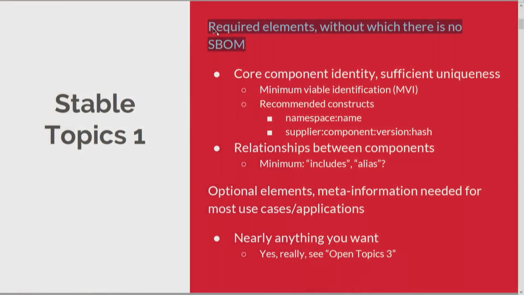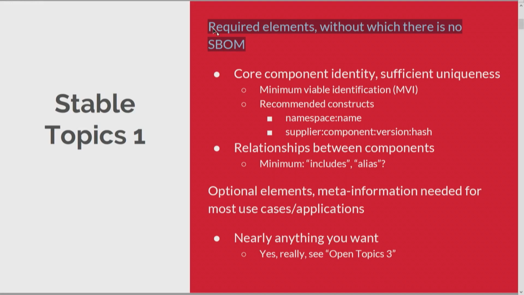So this may be the most important point, this first line. We've had a lot of talk about what data elements need to be in an SBOM, and what I think we're coming down to is there's some core information that we're calling core component identity.